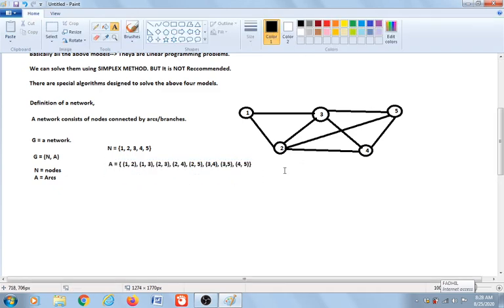So this is how we label or write the network, or this is the notation that we use in order to write a network.